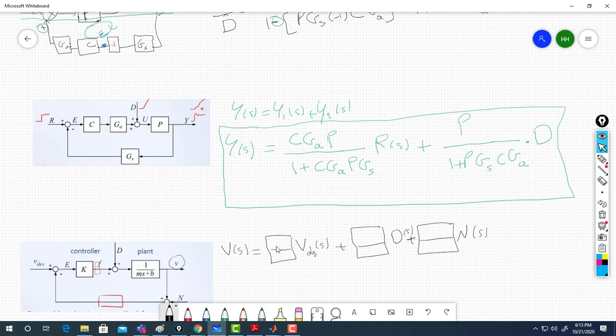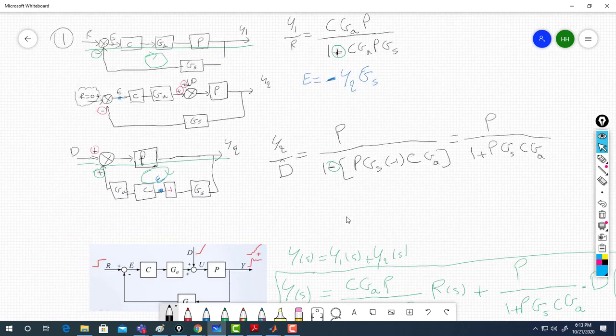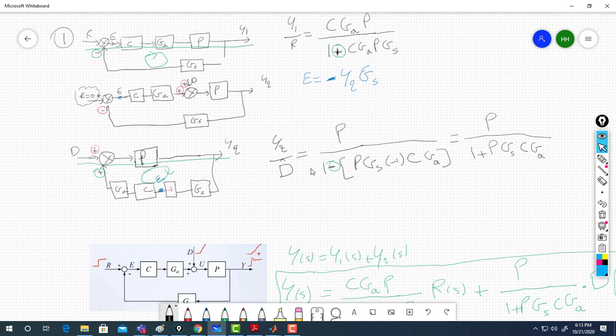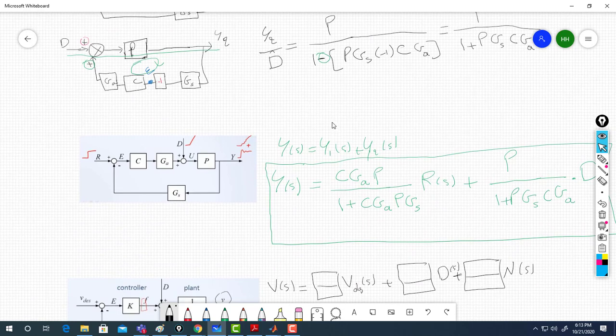Then I need to find these 3 transfer functions. As I did here, you need to have 3 block diagrams to find the transfer function. Output over input, output over input, output over input in this case. Then once you find them, you get your complete grade.